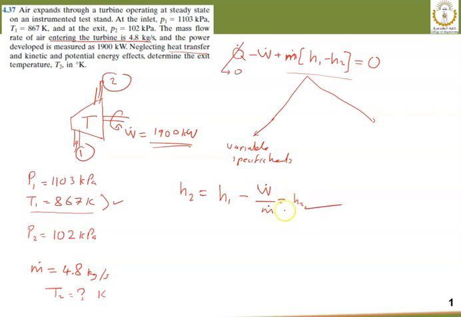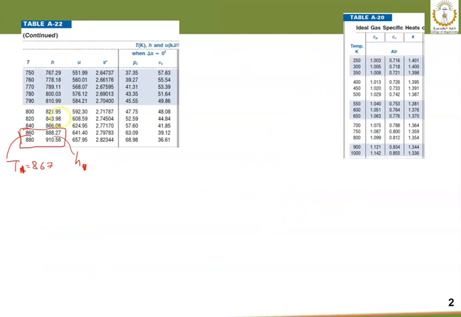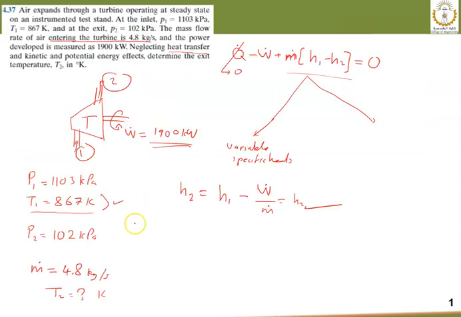Now, knowing H2, we can go back to table A-22 and do the reverse thing. We know H, and from H we know the temperature, so from table A-22 using H2 we find T2. So this is one way.